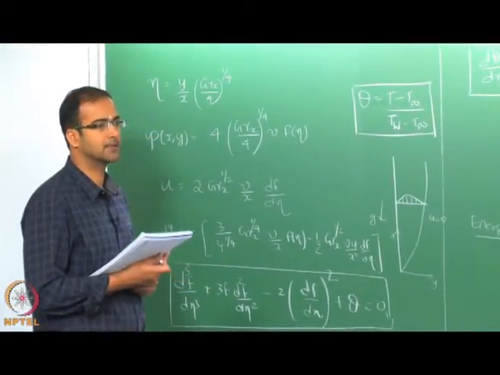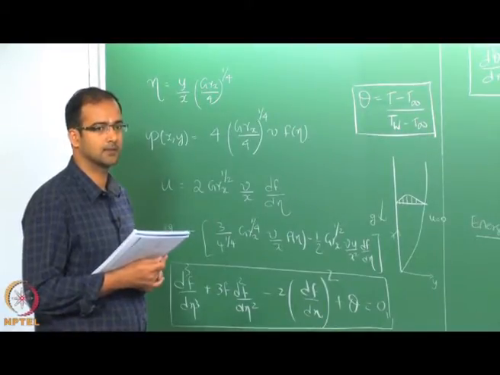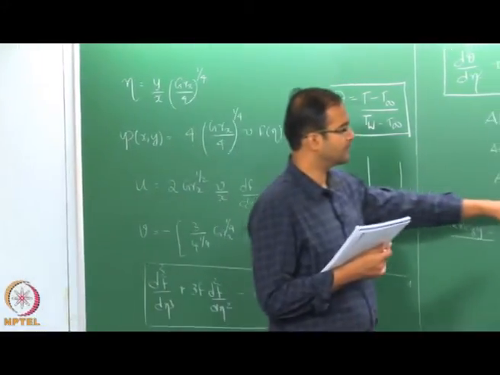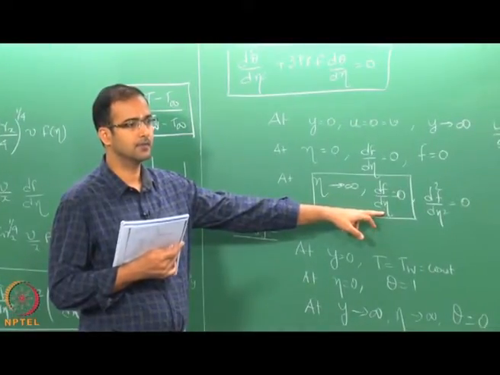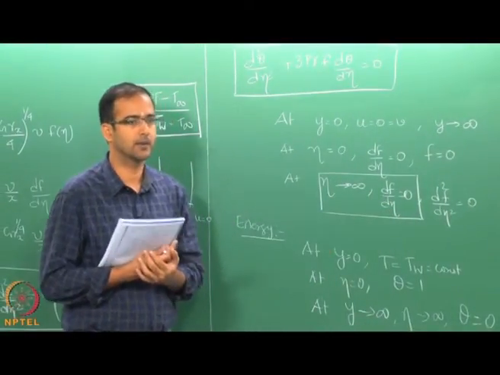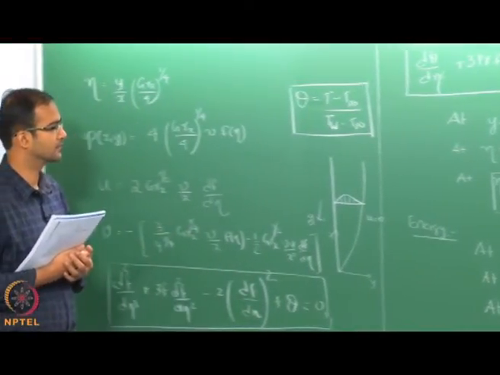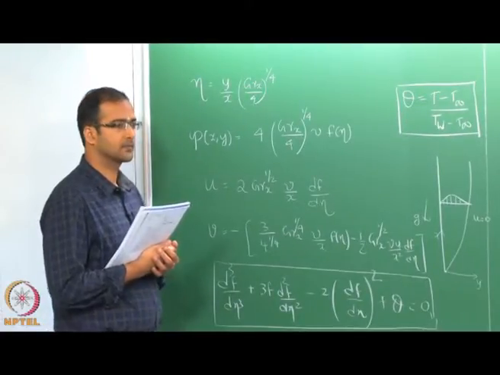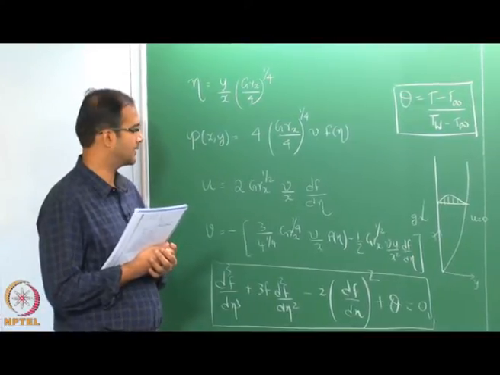So, this is pretty much the same as the original Pohlhausen's boundary conditions, only that in the case of momentum you have now df by d eta equal to 0, whereas what is the condition in the Blasius equation? Going to 1, u by u infinity equal to df by d eta. Okay.